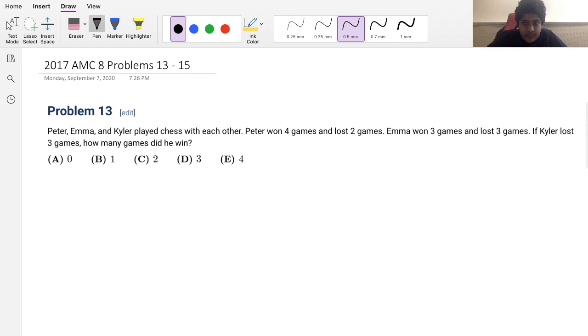So first of all, what we should start with is computing the total number of games. So we know that Peter won. Let's first create a chart here. So we have names on the left.